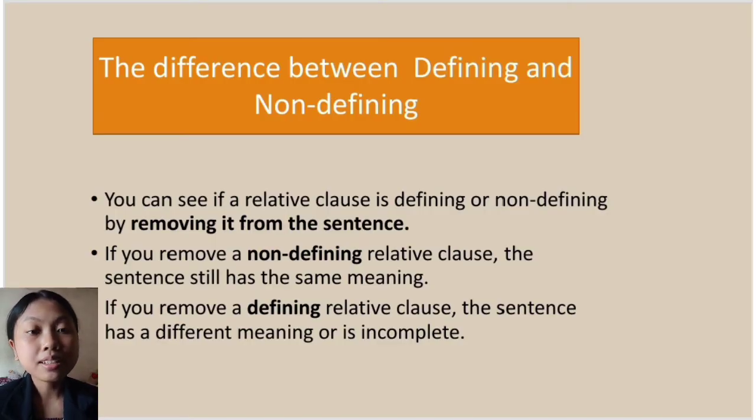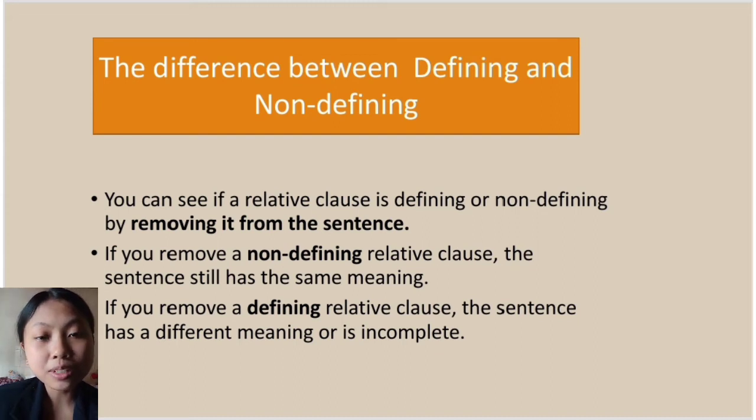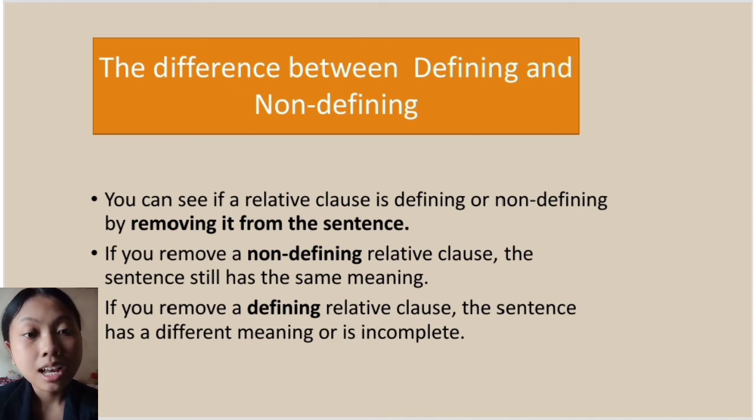Next, here we have the difference between defining and non-defining. We can see if a relative clause is defining or non-defining by removing it from the sentence. If we remove a non-defining relative clause, the sentence still has the same meaning. And if we remove a defining relative clause, the sentence has a different meaning or it's incomplete.